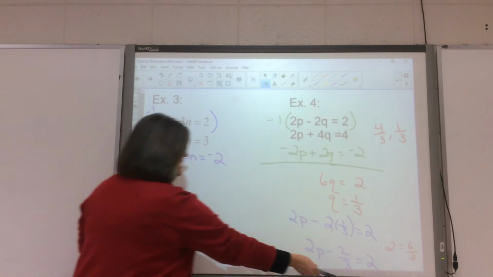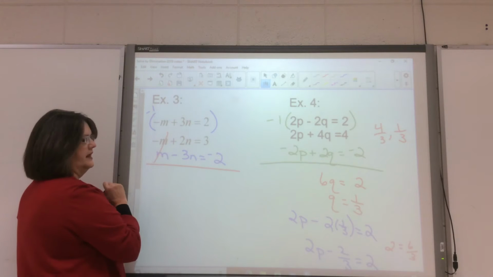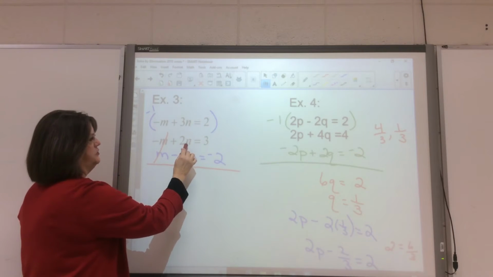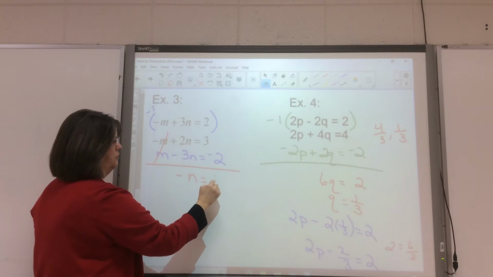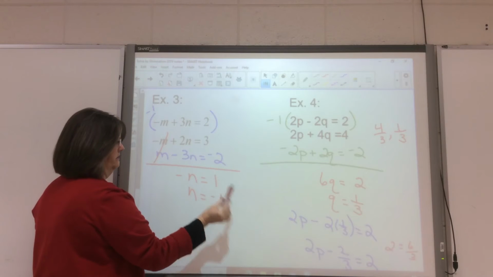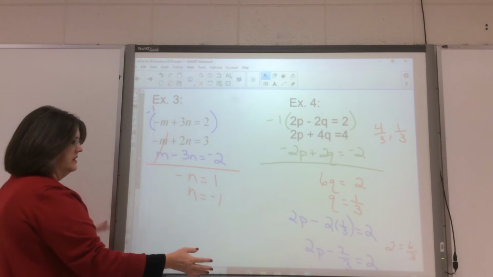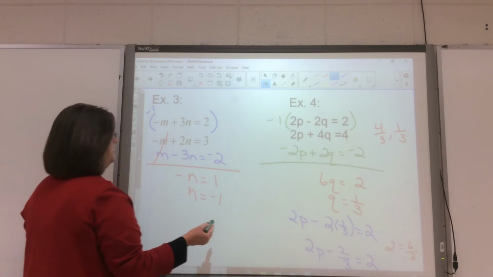Now you can add the equations together, and my m's are going to cancel, and then I have 2n and -3n, which is -n equals 1. When you divide through by -1, n is equal to -1. Okay, then take that answer, substitute back into one of the original equations.